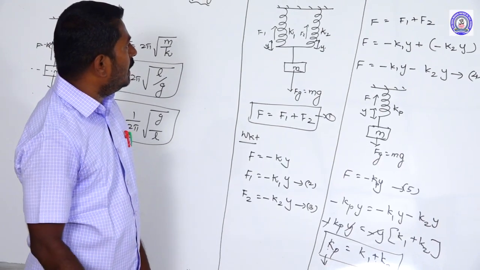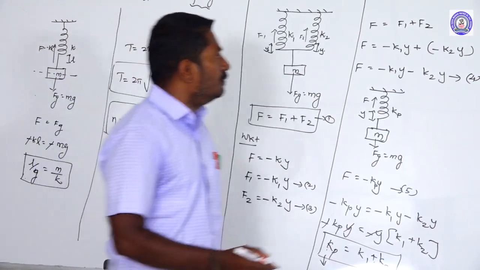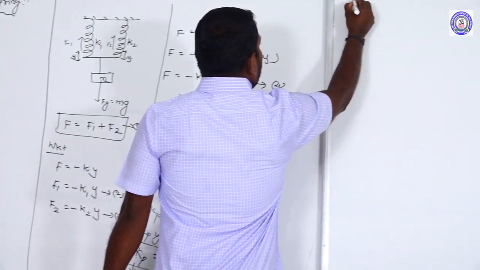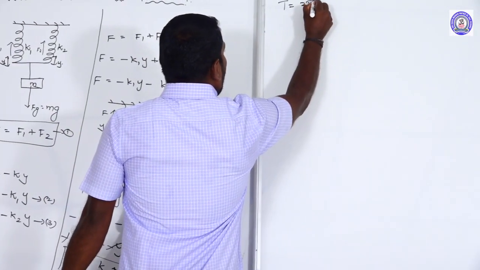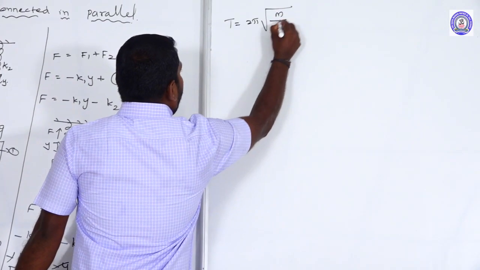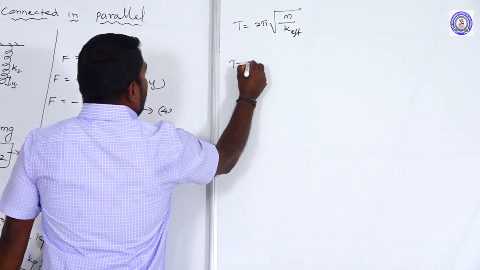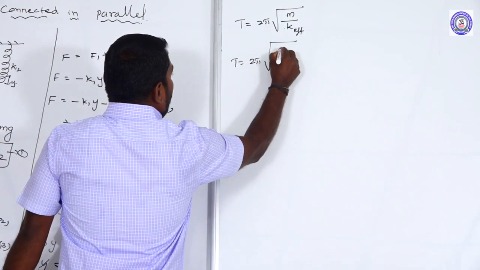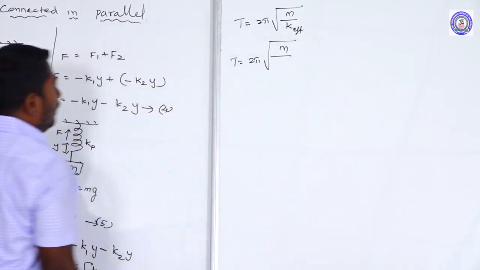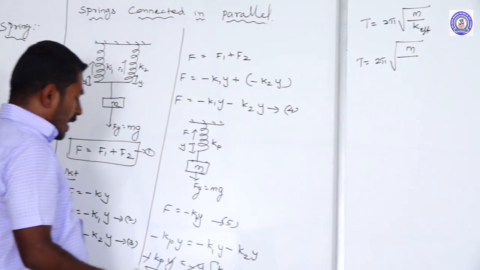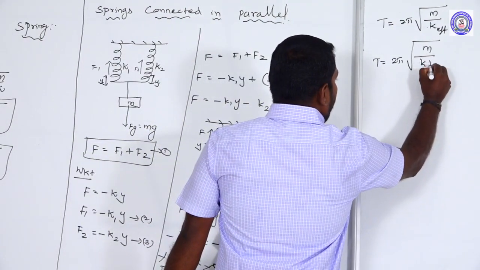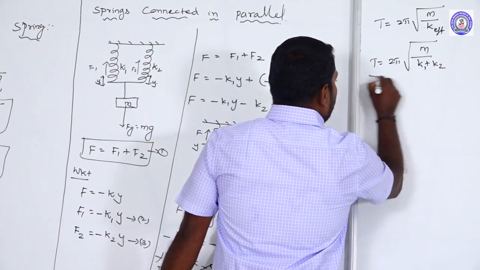Then the time period of the block of mass m is T equals 2 pi square root of m divided by the effective spring constant. For springs connected in parallel, the effective spring constant is K1 plus K2.